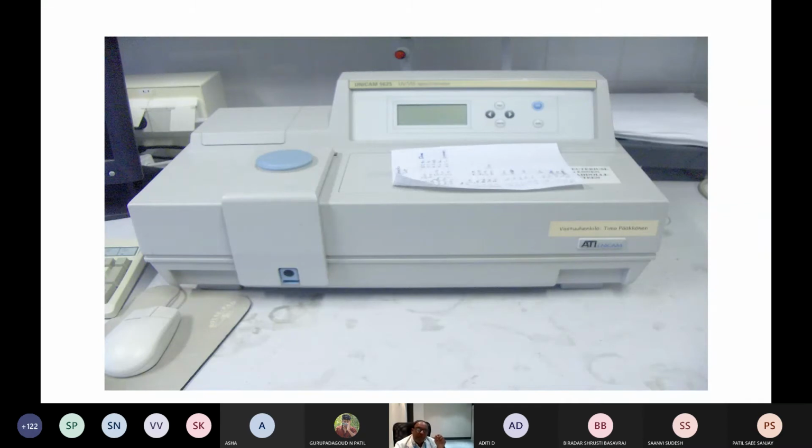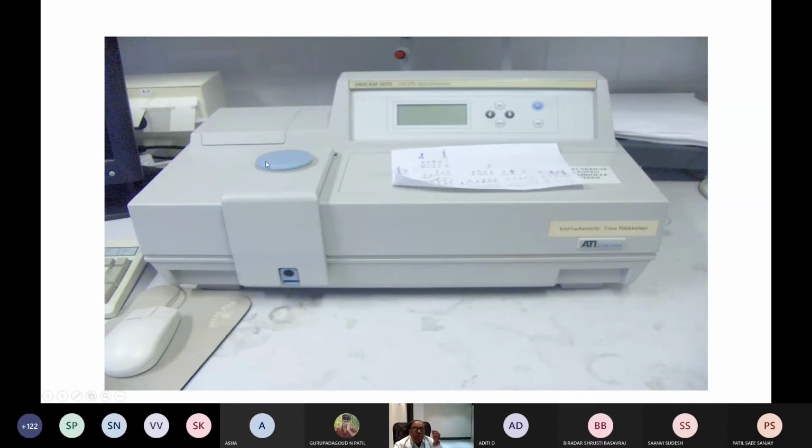Then, when you keep the blank and select the required wavelength, you press the button here, so you are asking the instrument to measure the blank. What happens? The instrument sets itself to 0 with the blank.